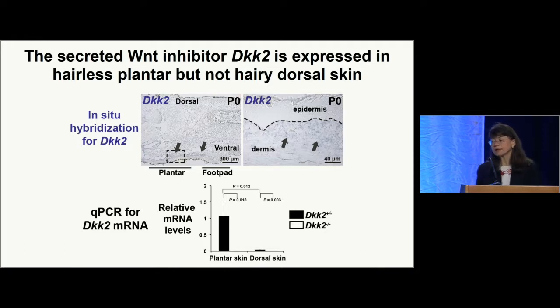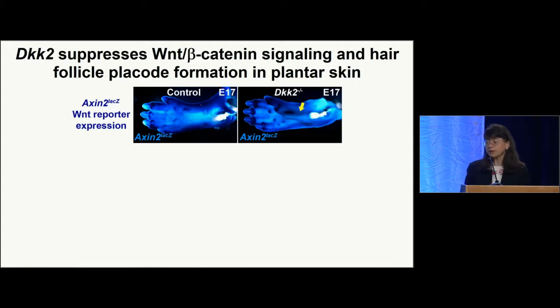So to determine whether this expression of this Wnt inhibitor has functional consequences, we analyzed mice that lack DKK2, and we first crossed these to Axin2-lacZ mice that express beta-galactosidase at sites of Wnt signaling. And what we found is that in wild-type mice, the plantar dermis has low levels of Wnt signaling, but in DKK2 null mice, we see this activation of the pathway.